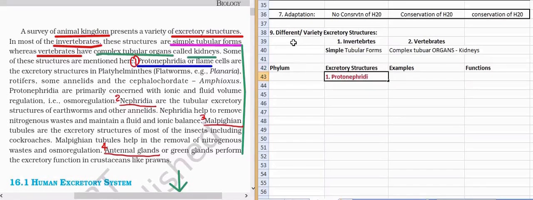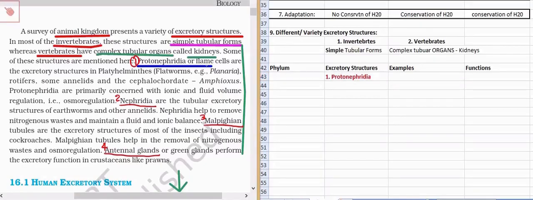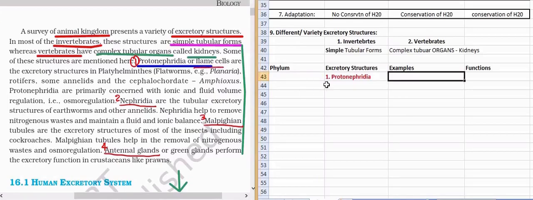Protonephridia. Next, he's saying another name for it. What is protonephridia? Another name is flame cells. We might already have studied flame cells in chapter 4, the animal kingdom. Next, examples.